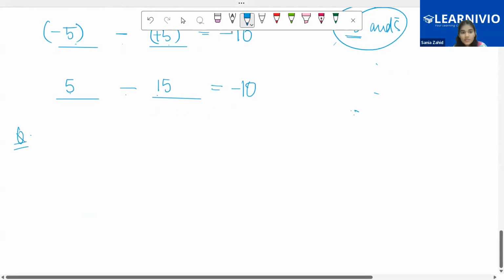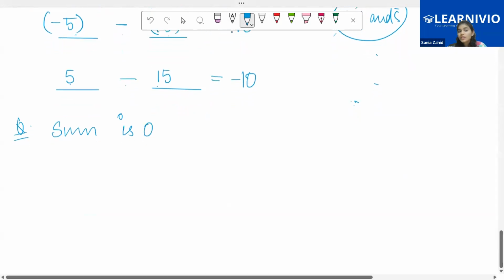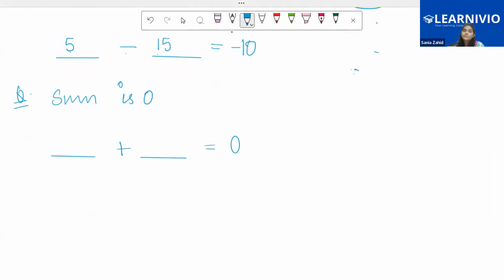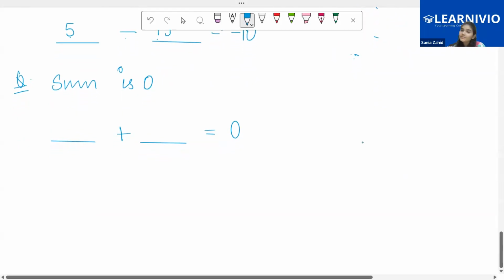It says sum is 0. So tell me any two numbers whose sum is 0. Tell me any two numbers. Ma'am, 0 plus 0. No, Salman, you can't take 0 and 0.